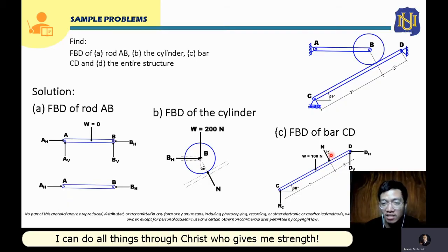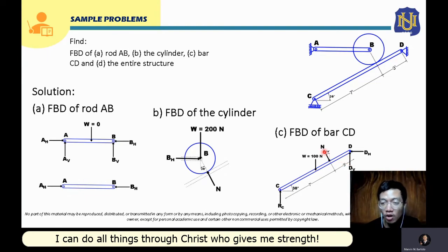In this case, this normal force will also serve as an applied force for bar CD, since this is not provided by a support. The point of contact between the cylinder and the bar CD is not a support.